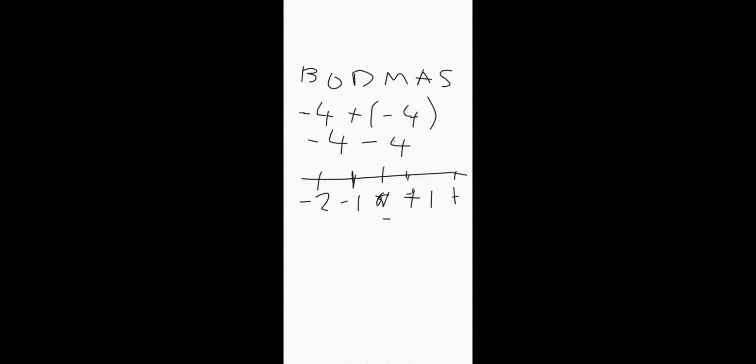So 4 plus 4 normally should be 8. But because you have minus 4, what will be the answer? Minus 8. So the answer to this particular question is minus 8, right?